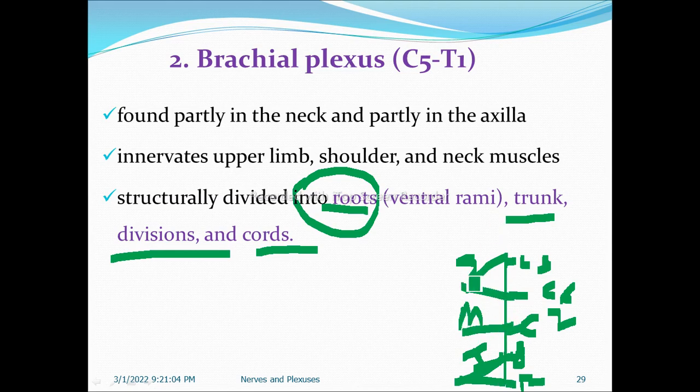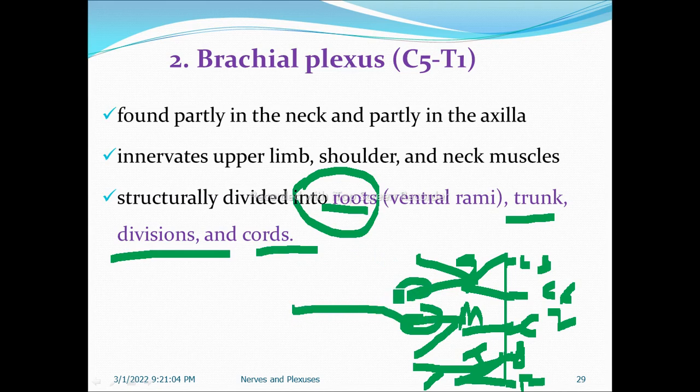Each trunk divides into divisions: the upper trunk into anterior and posterior divisions, the middle trunk also, and the lower trunk also. We have three anterior and three posterior divisions. And the divisions will form cords. The anterior divisions of the upper trunk and middle trunk form the lateral cord.